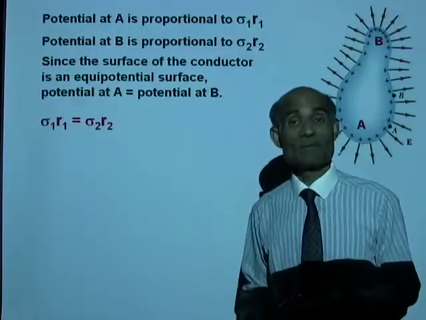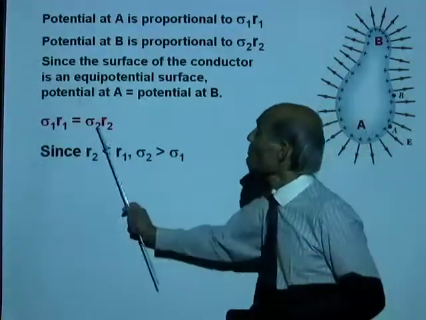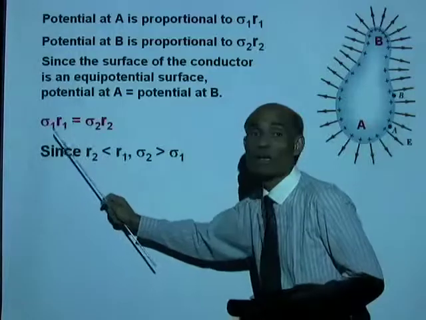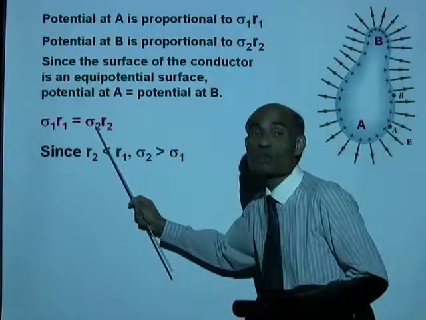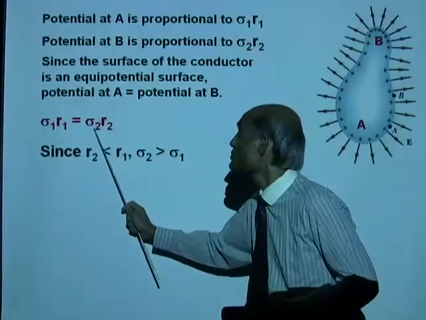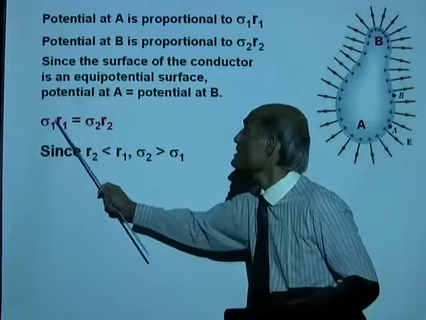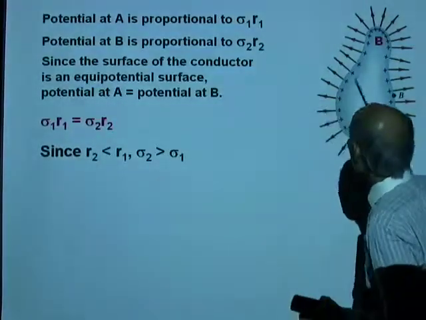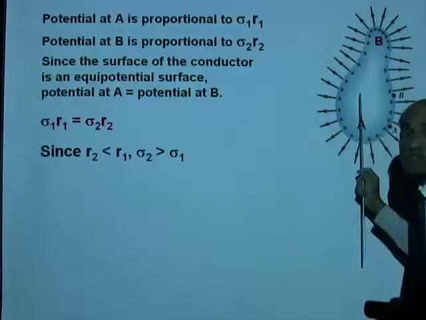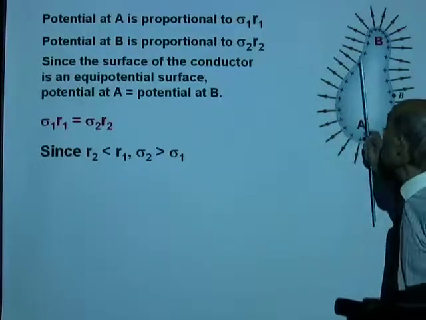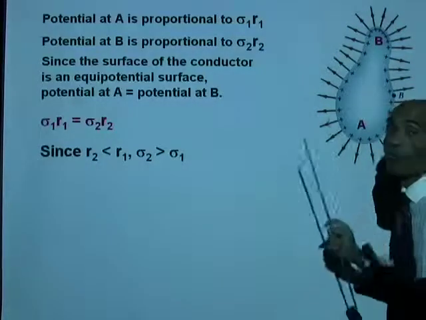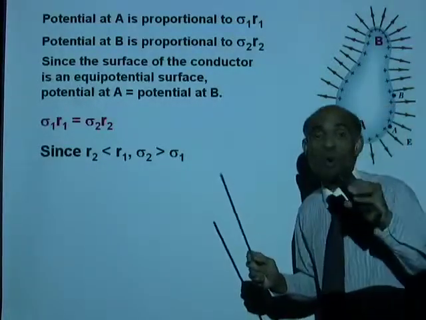What does that mean? It means because R2 is much less than R1, for this relation to be good, sigma 2 has to be greater than sigma 1. That means if the shape of a conductor is like this, the charge density is going to be greater where the radius is smaller.